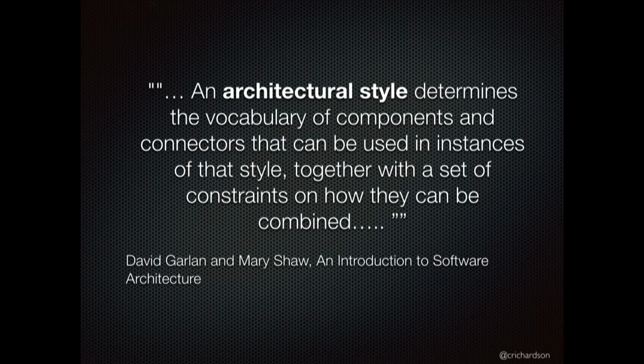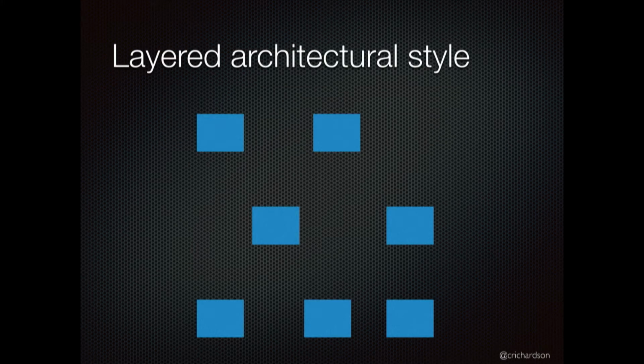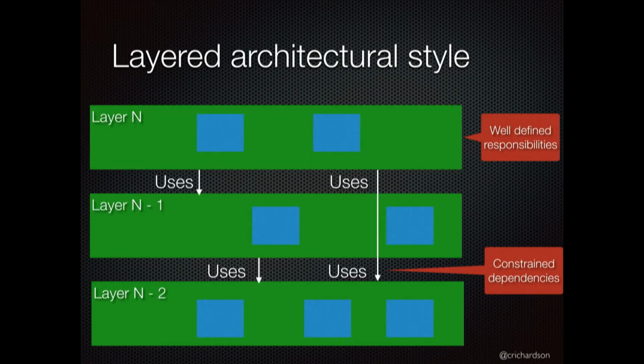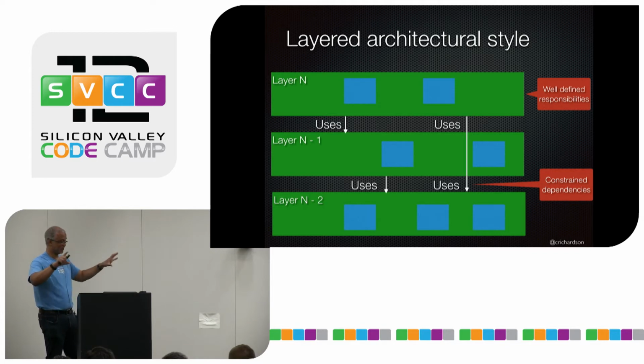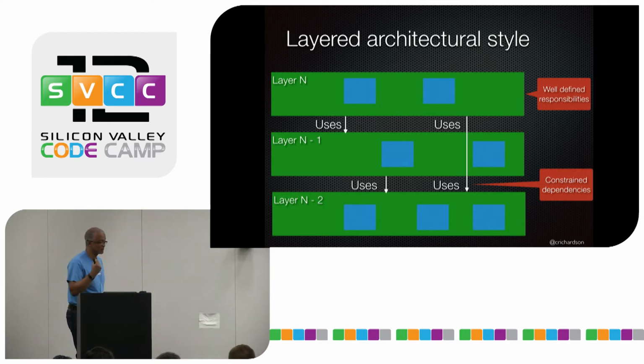So the most classic example of an architectural style is a layered architecture, which says, yeah, we've got a bunch of elements, but we're going to organize them into layers. Each layer has a well-defined set of responsibilities. It's not just a random collection of components that we try and organize into a layer. It has to be meaningful.